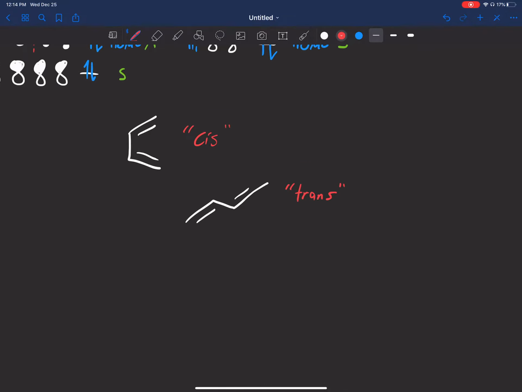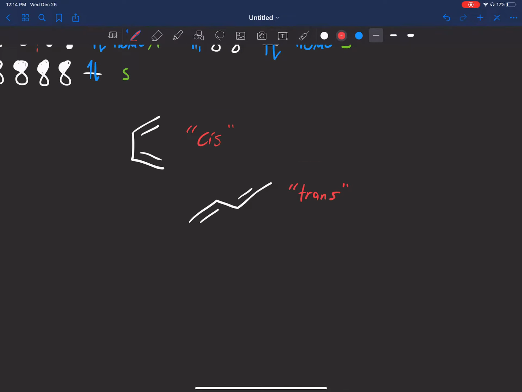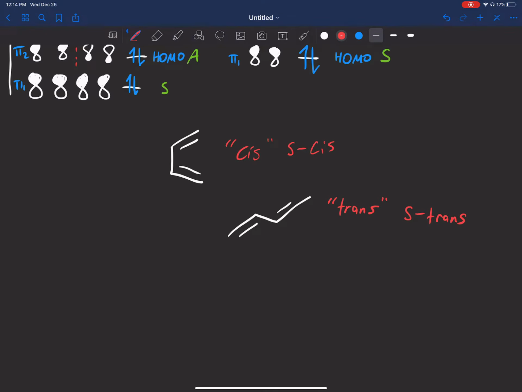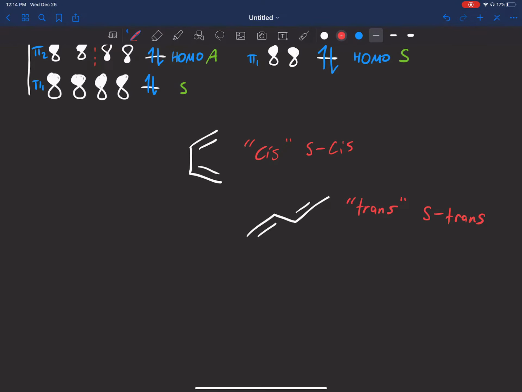These two conformers, because they have this little single bond in between them, we call S-cis and S-trans. And this may be a little bit confusing.